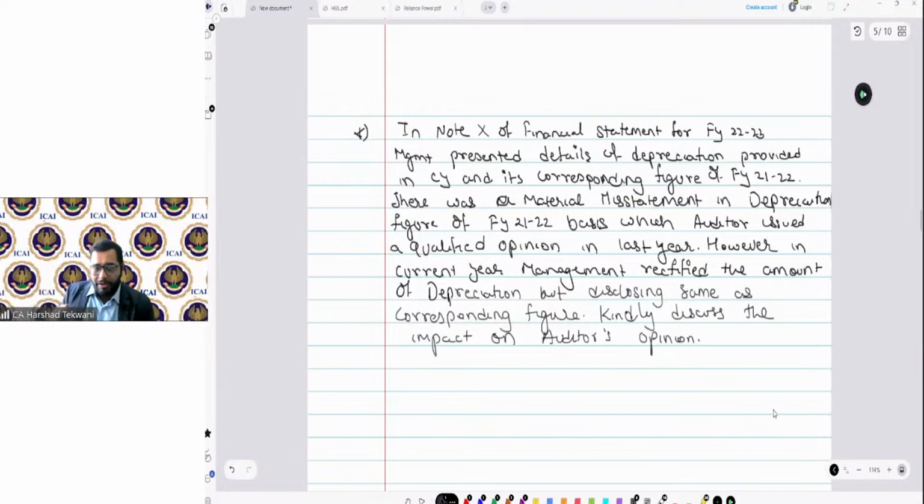Again, there was a misstatement in last year because of which there was a qualified opinion on depreciation number. That number was rectified and presented as a corresponding figure in the current year. What will be the impact on my audit, on my opinion?